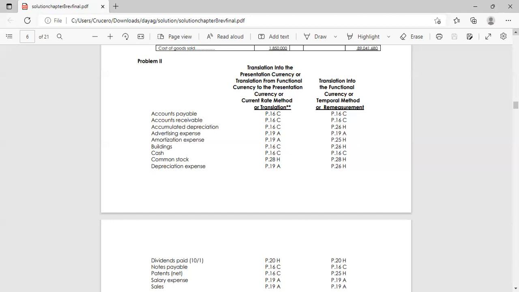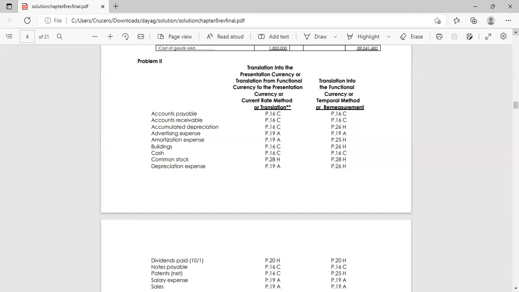So in other words, using method number 2, the amortization of patents should be translated by using the historical rate when the patents were acquired, and it was 20x3, when the rate was 0.25. So that's for amortization. We now use 0.25, and it's H, meaning historical.